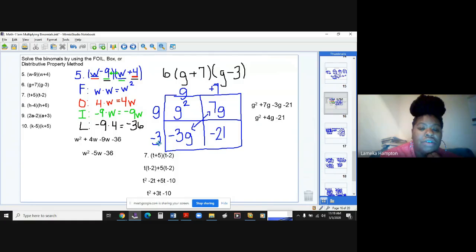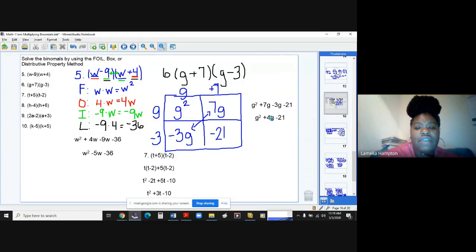All right. So next, we have -3 multiplied by G, which gives us -3G. Again, you want to make sure you put your number, whether it's positive or negative, in front of the variable. And then we have -3 times 7, which gives us -21.